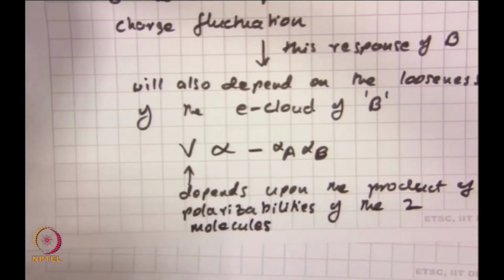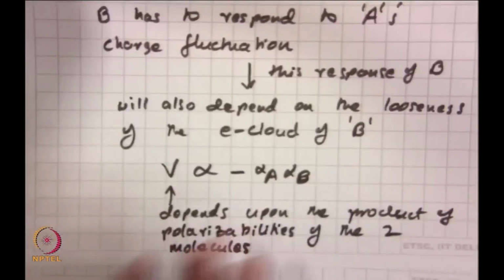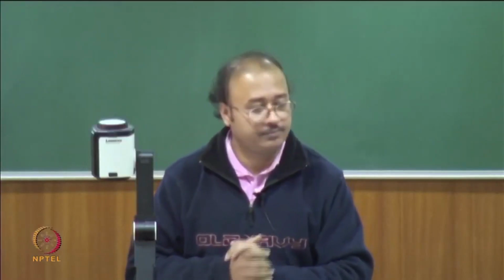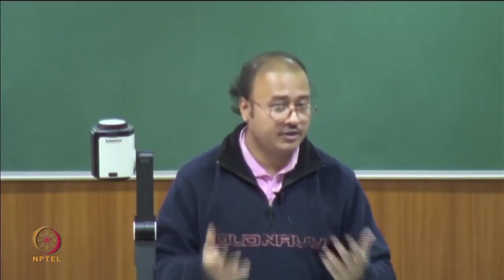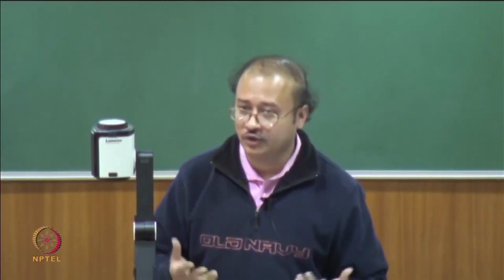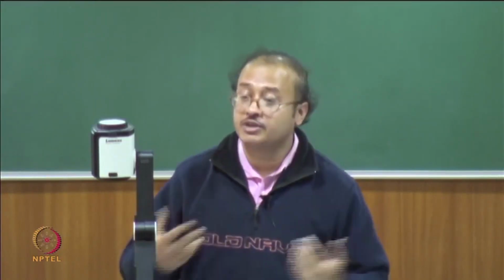That is evident, clear, and very logical. But what about the distance dependence? The derivation of this is a little bit involved, but people have derived it for us, applying principles of quantum mechanics.